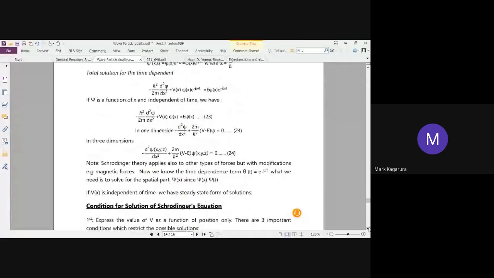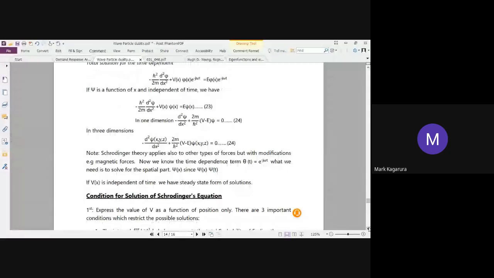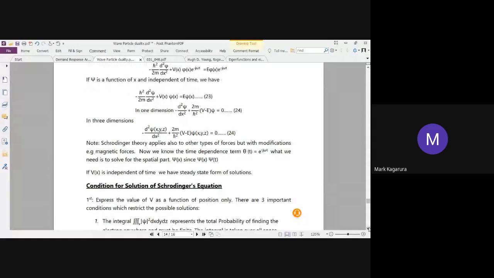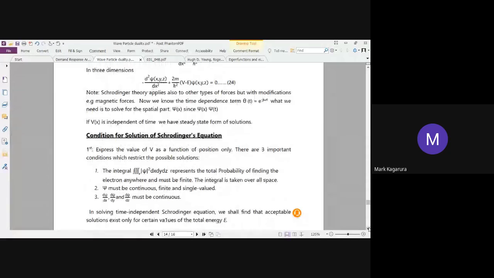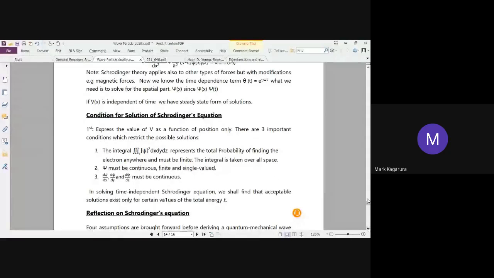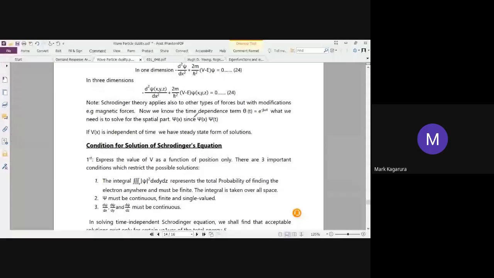There are just a few errors corrected there. So whenever we can get the spatial coordinate, it means that we can just add the time dependence term, so that we get the total solution.